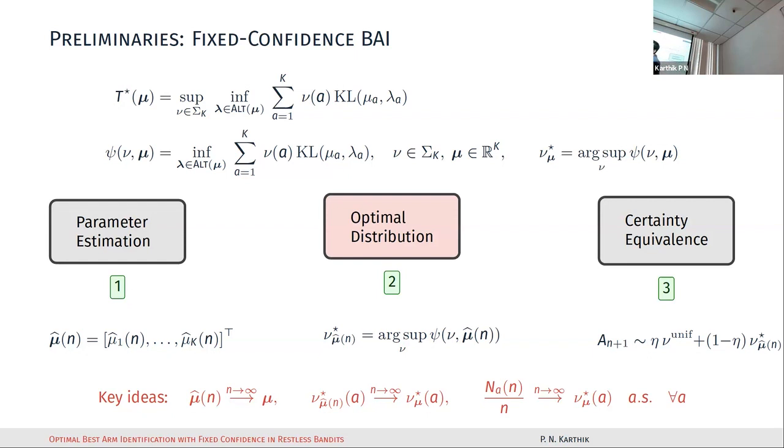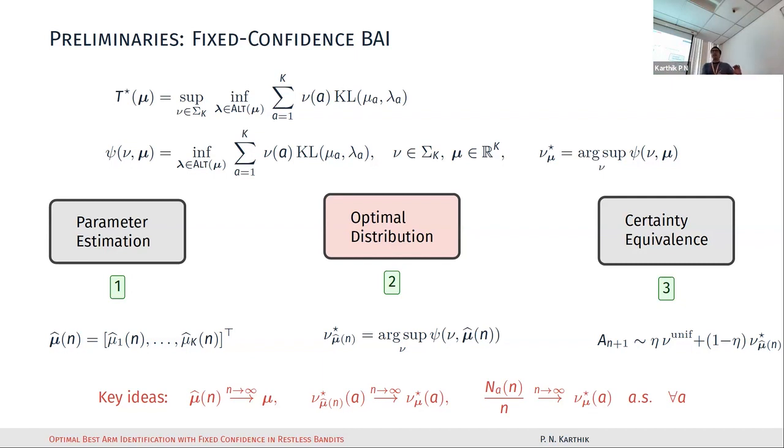So there is a T star of theta, and there is an optimum nu theta star. The learner should be able to estimate the parameter theta hat n at any given time. So the theta and the mu are always in one-to-one correspondence in exponential families. Here the learner was able to estimate mu hat n and then derive the optimum distribution corresponding to mu hat n. In the parametric version, the learner will first estimate mu hat n.